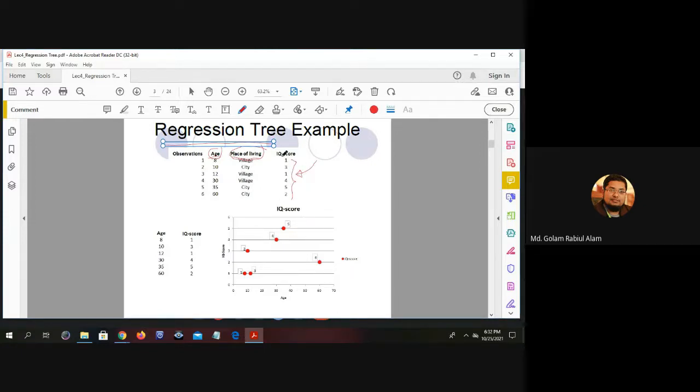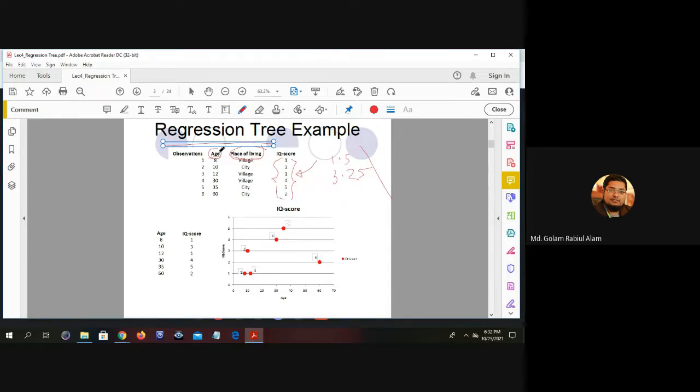These y levels are continuous values. That means the IQ score can be 1, 3, 4, 5, 6, or maybe 1.5 or 3.25. So the target variable, the levels, are continuous. That's why we learn that this is a regression problem, not classification.